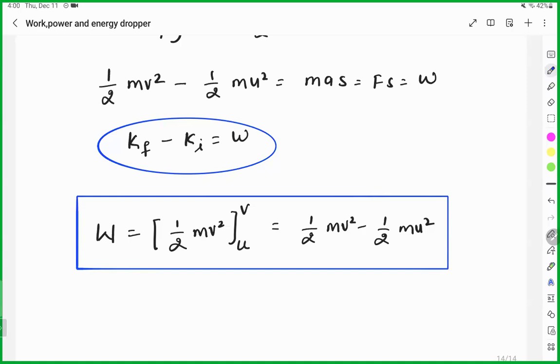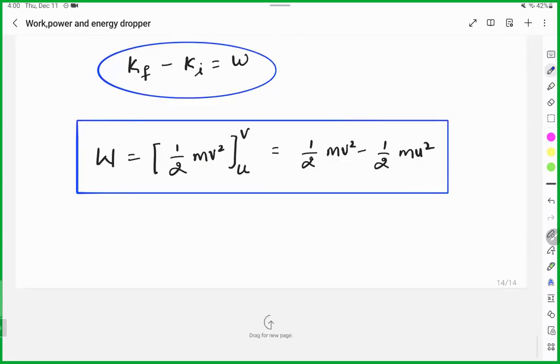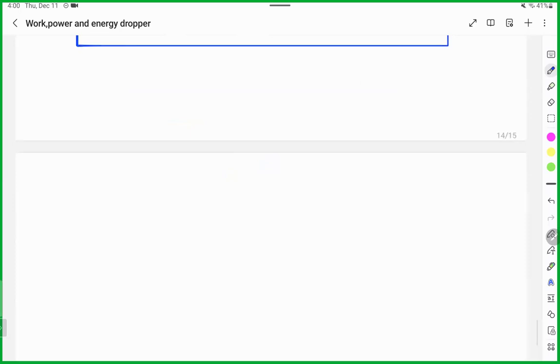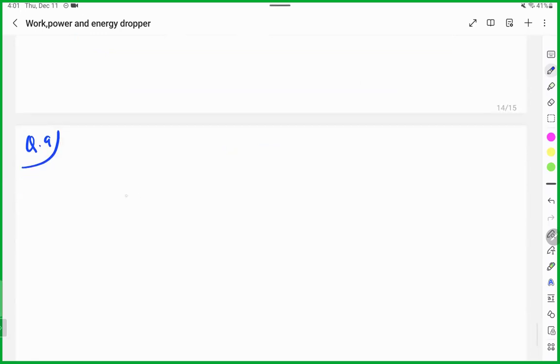If you don't have any doubt, then write question number 9. One 8 kg block initially at rest. So you have a block of mass 8 kg at rest. It is pulled to the right along a frictionless horizontal surface.